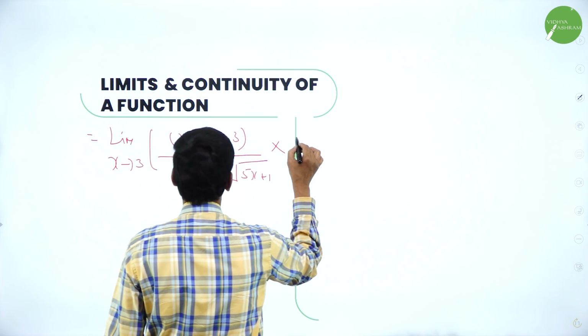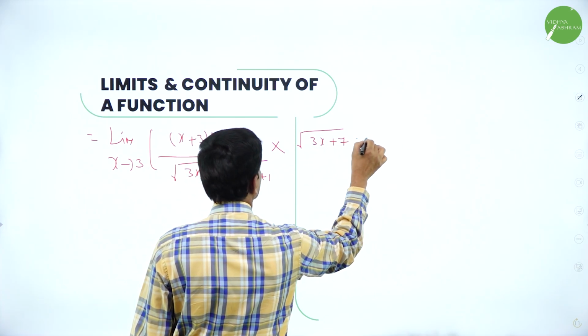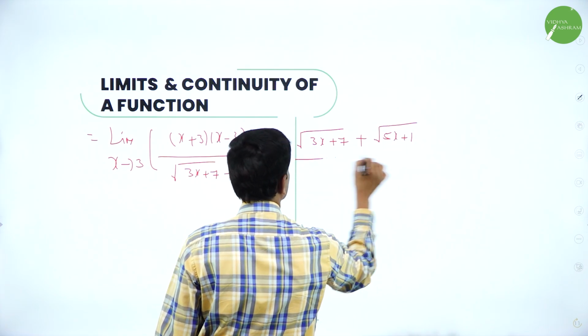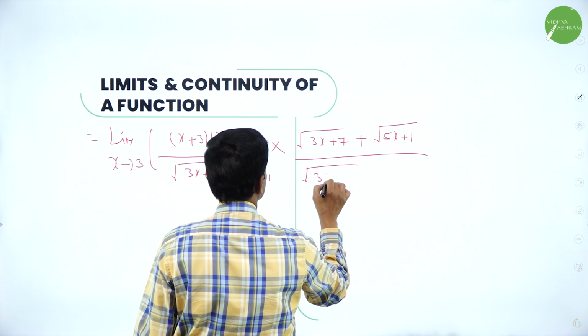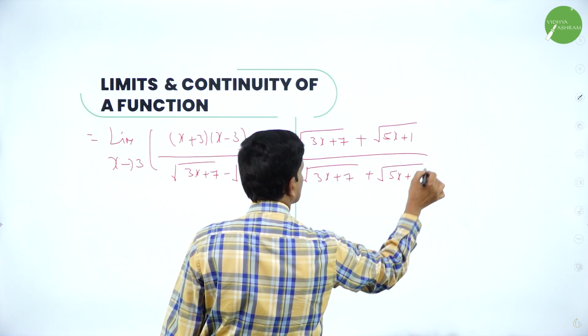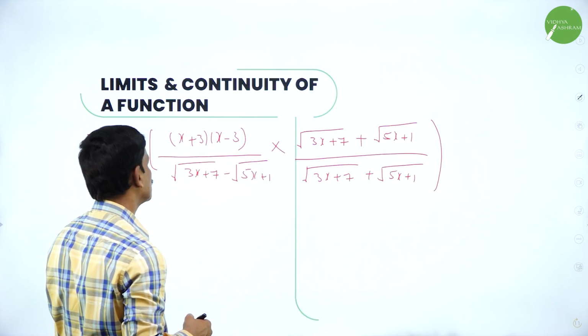We are multiplying with square root of 3x plus 7 plus square root of 5x plus 1 divided by the same term, square root of 3x plus 7 plus square root of 5x plus 1. Rationalizing the denominator. Okay.